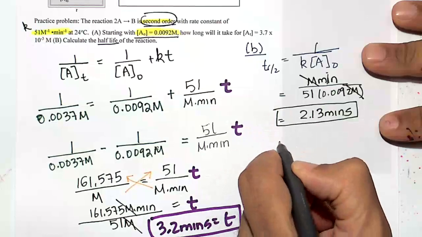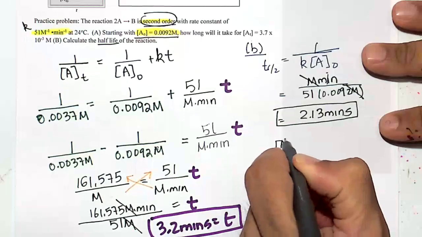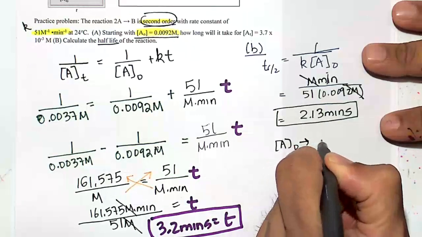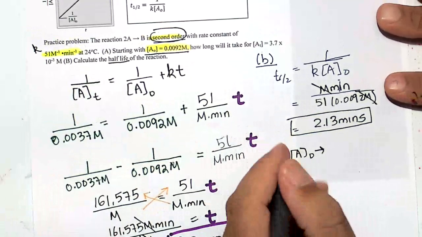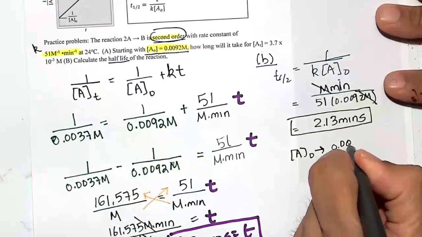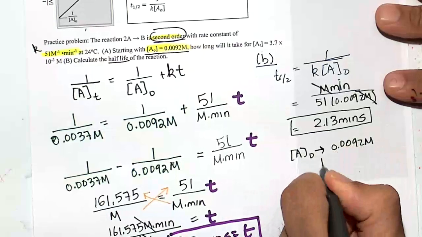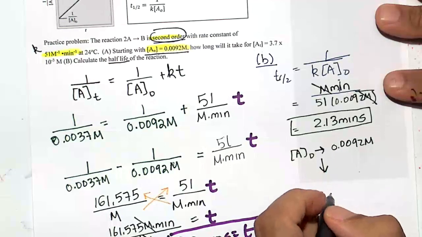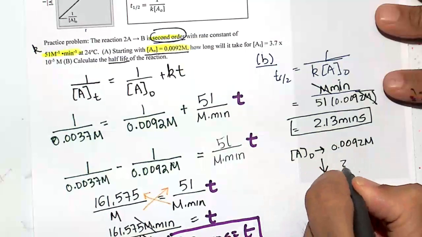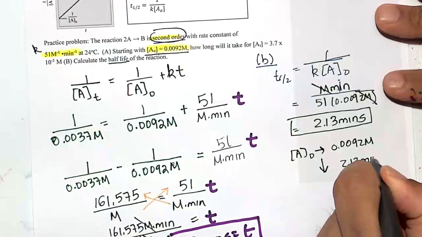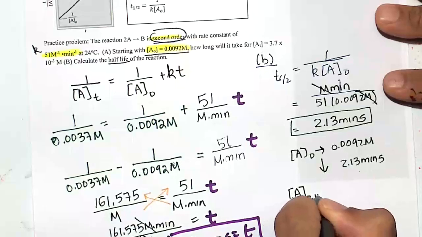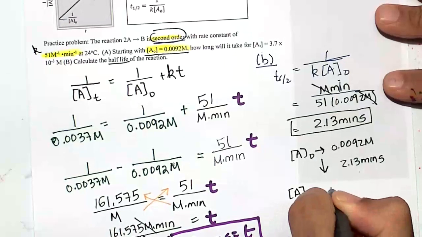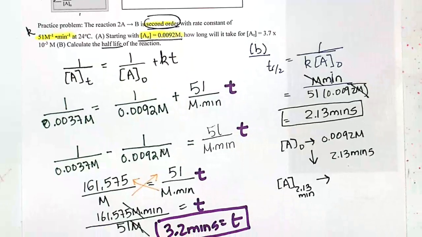All right, let me ask you this question, Sam. Initially, you are at 0.0092 of this substance. Okay, how much will this substance be at? What will be its concentration after 2.13 minutes? At time 2.13 minutes, what will be its concentration?